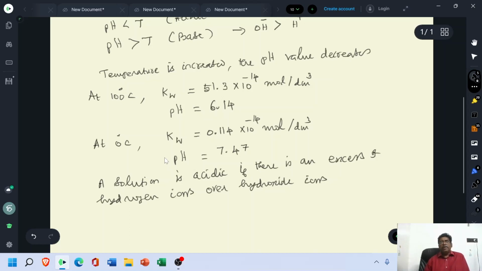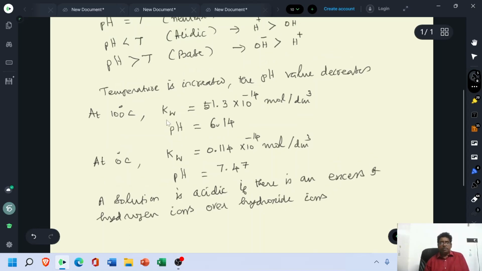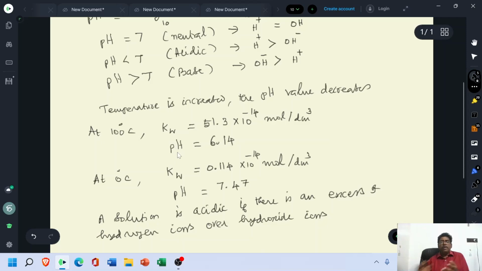Suppose a solution is made up of water, aqueous solution. At 100 degree Celsius, if you measure the pH value, if the pH value is 7, then we can call that solution as a base, because at 100 degrees Celsius, if the pH is 6.14, then that solution is neutral.